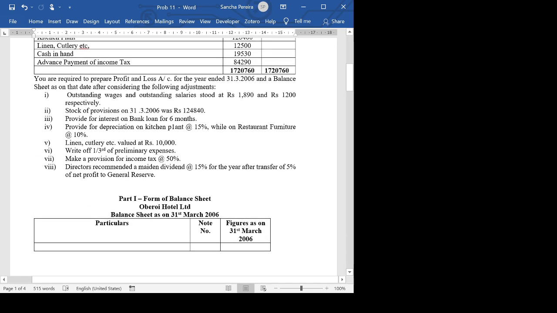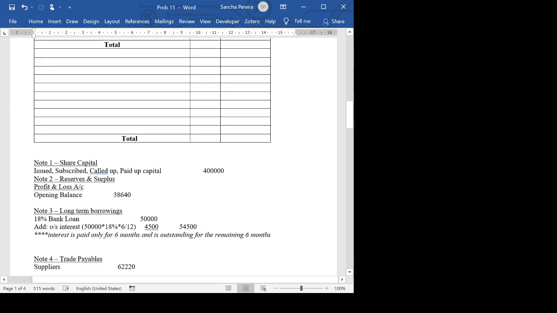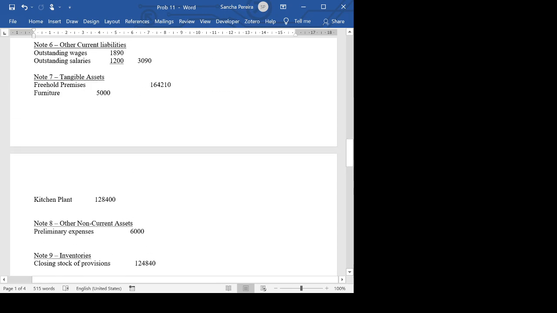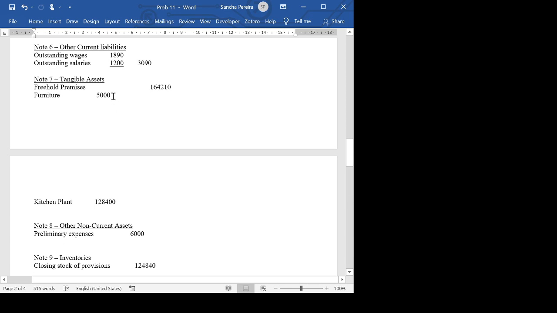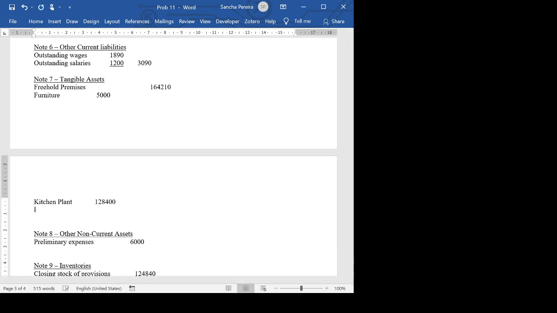Provide for depreciation on kitchen plant 15%, restaurant furniture 10%. So 15% of kitchen plant, less depreciation, 15% of that comes to 19,260. This minus will come to 1,09,140.